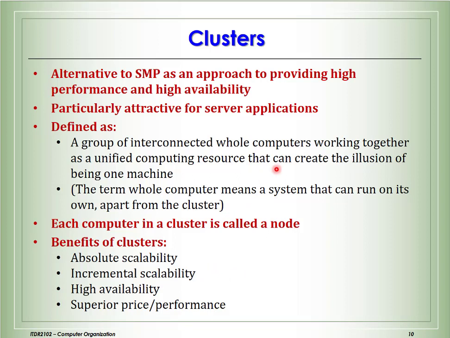As I told you, if one of the nodes doesn't work, it will not affect the whole cluster system. It will not affect the service. Okay. So service will carry on, because the other nodes will take over and work for the node which is not working. Then we have superior price performance.